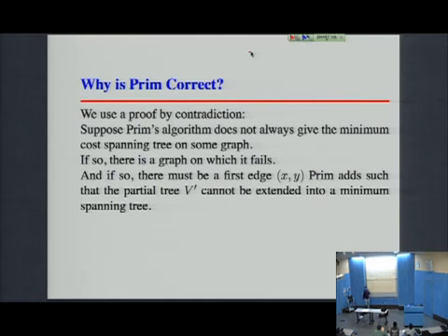And so what does that mean? That means that this green thing with these two edges couldn't have been a minimum spanning tree, because by putting in my edge and taking out this edge, the cost can only go down. Does everybody see that? That's the contradiction here. You're saying Prim's algorithm did not give me a minimum spanning tree. I'm saying, oh yeah? Give me the spanning tree that you think is minimum for this.